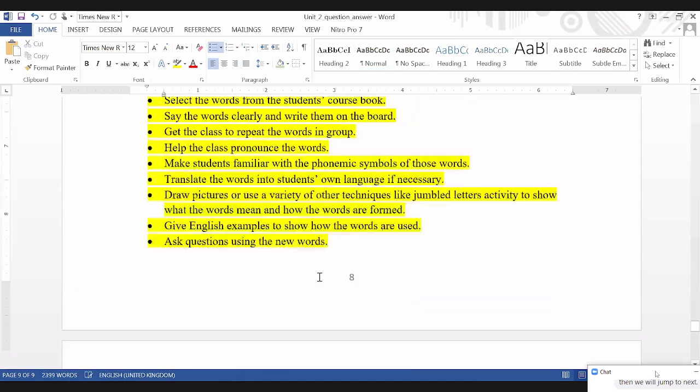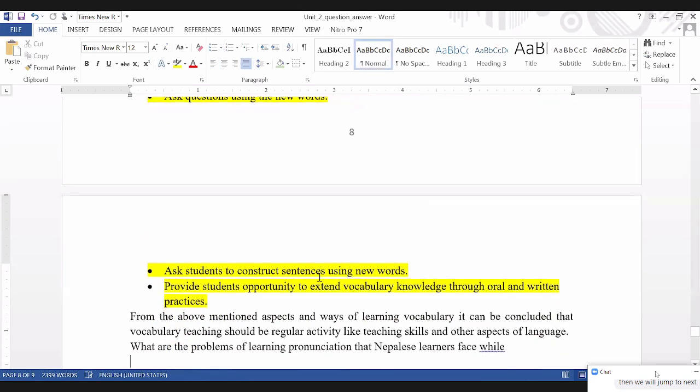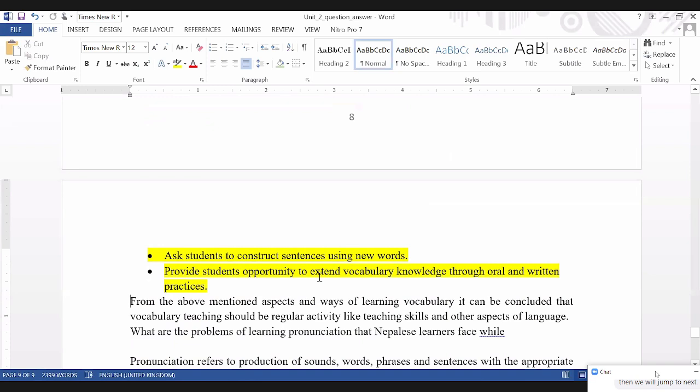These are the basic steps. Our steps, and what are the techniques? A long list of techniques we have, so we can use those techniques. From the above mentioned aspects and ways of learning vocabulary, it can be concluded that vocabulary teaching should be a regular activity like teaching skills and other aspects of language.